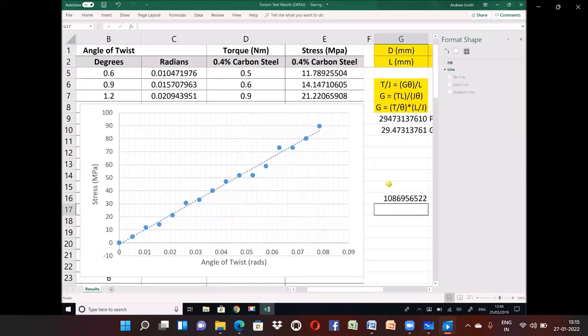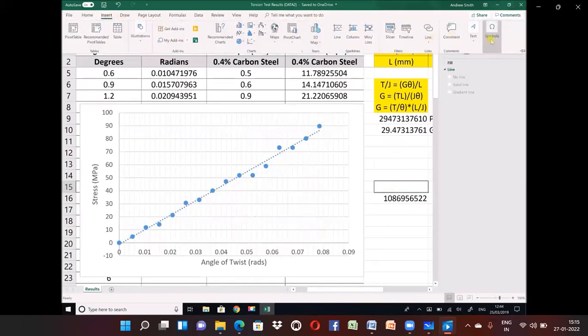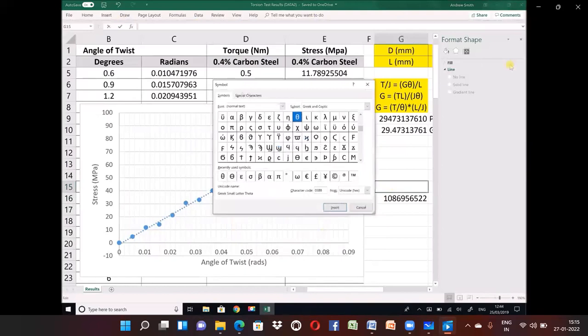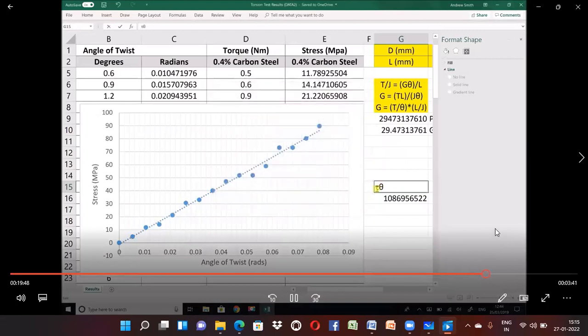Okay, so we have a much bigger number this time, and this number represents stress over angle of twist. Stress is tau. So stress over angle of twist, like so.